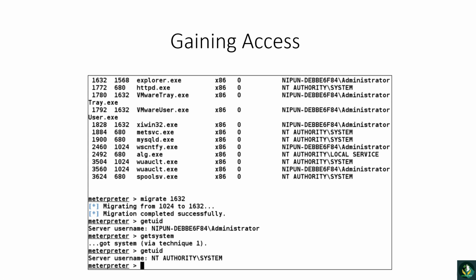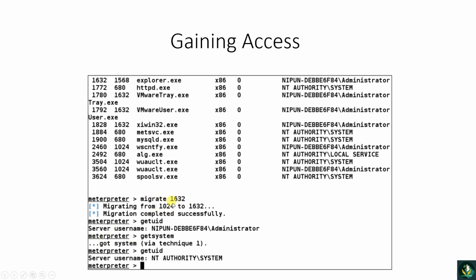Then we'll first list the processes running on the system using the ps command. Next, we will need the process identity, which is the PID. As I show you, this is the PID of the explorer.exe process, to migrate from the exploit process into explorer.exe.